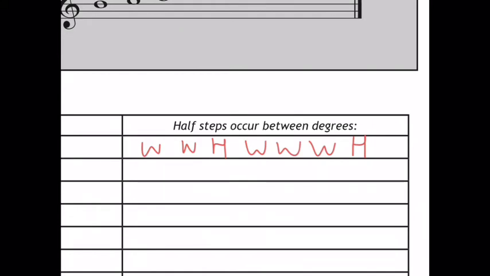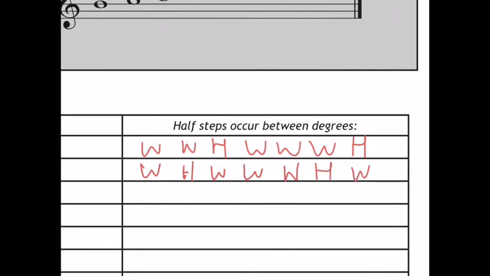Take whatever's here, move it to the left, take the first interval, and tack it on at the end, because we're moving from one scale degree to the next. Okay, let me just get rid of the arrow here. Sorry, I'm going to put that back. Whole, half, whole, whole, whole, half, and whole.